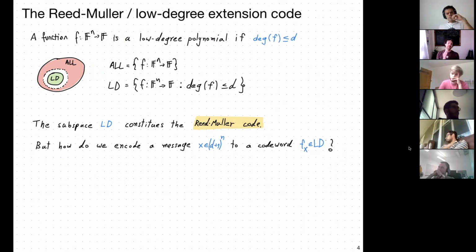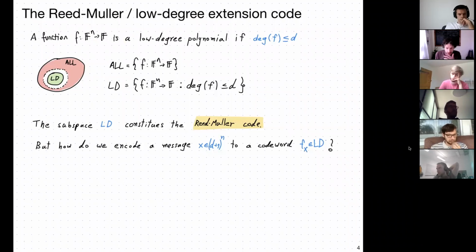Suppose I'm giving you, think even of a binary n-bit string, how do I encode it into a low degree polynomial? Yes, exactly. Fantastic.